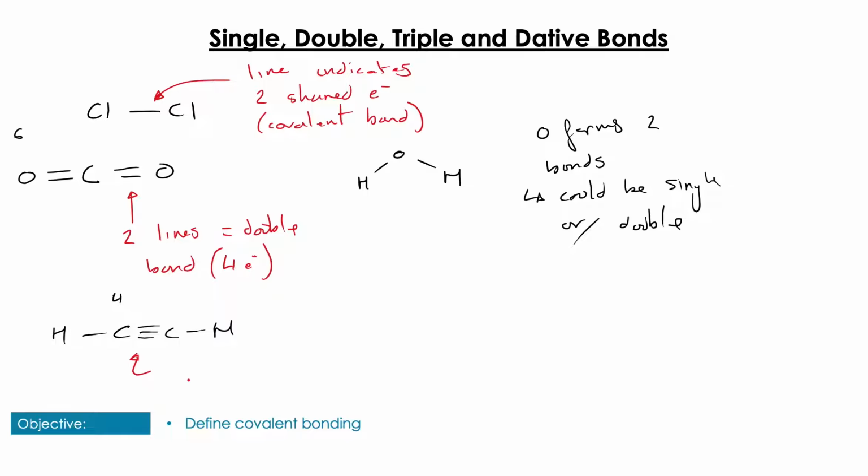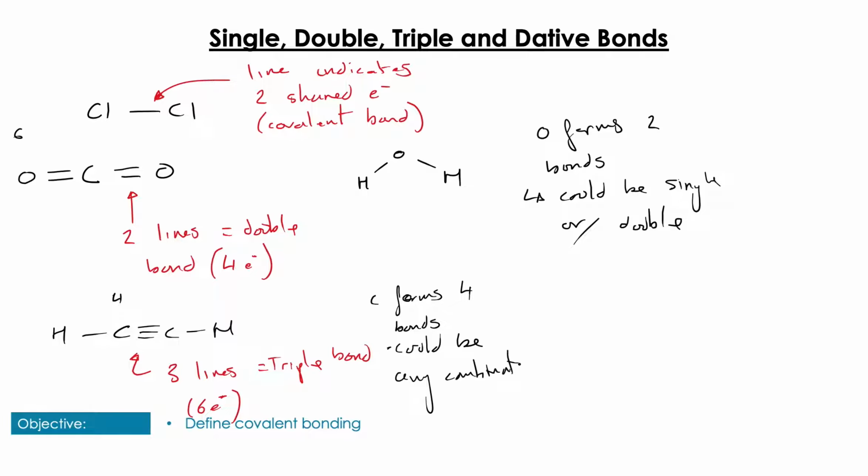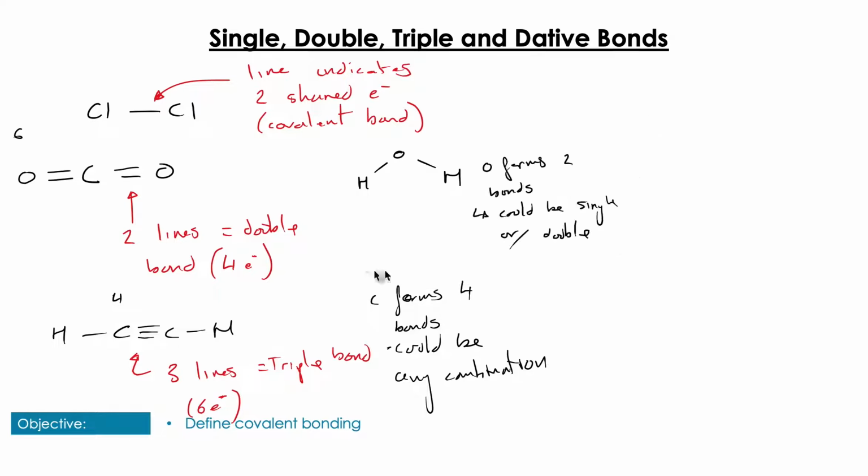So here we have carbon bonded to another carbon with 3 lines representing a triple bond or 6 shared electrons, and obviously 1 single bond with hydrogen to form a total of 4 overall bonds. You'll notice that that is congruent with CO2, which we did just above, where the carbon has 2 double bonds either side, still totaling 4 overall bonds.